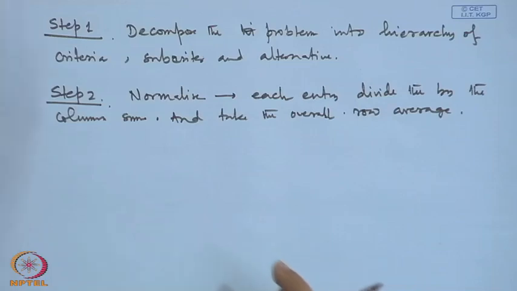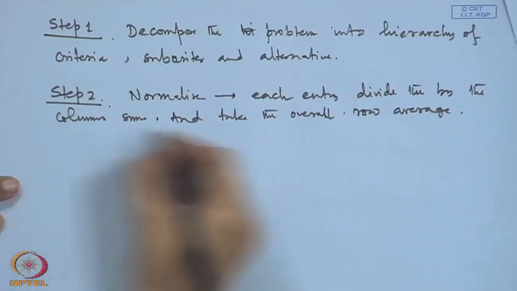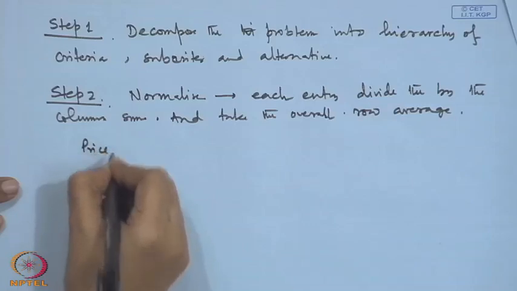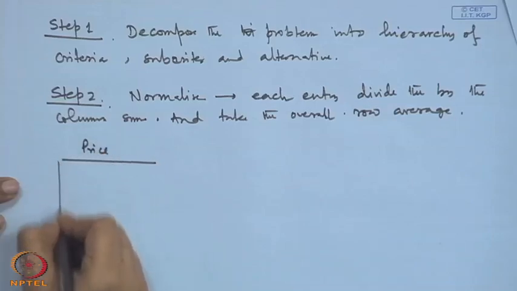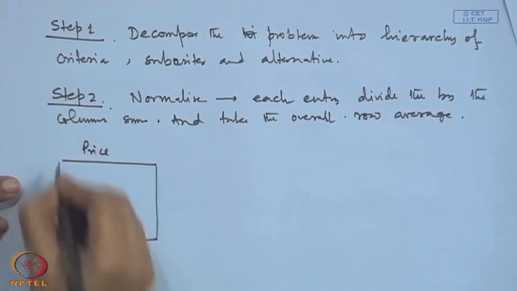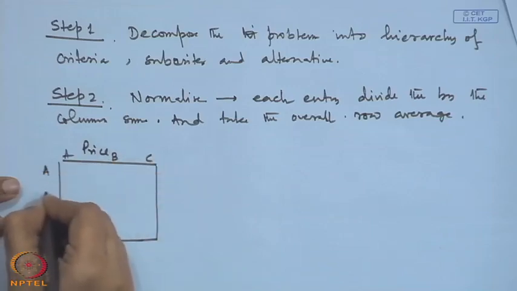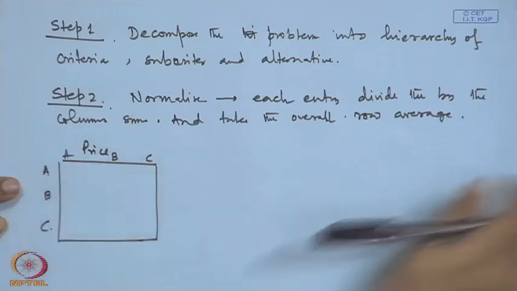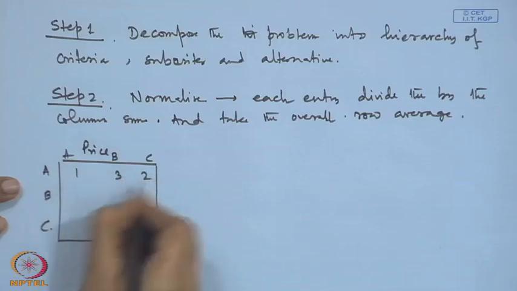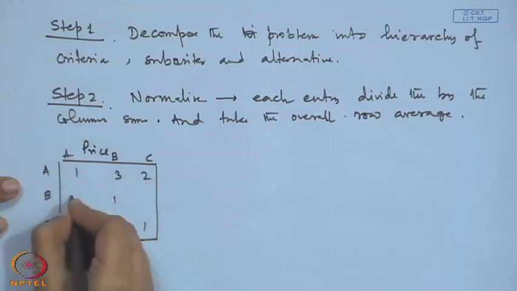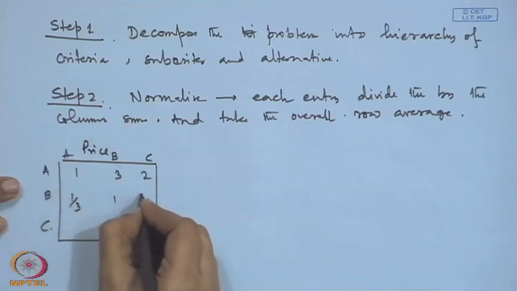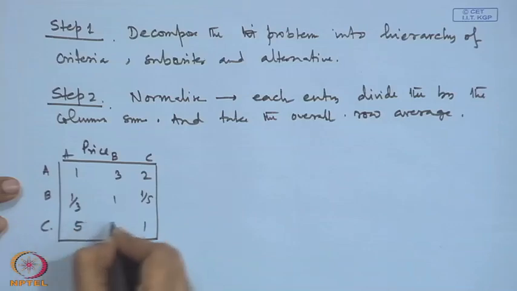For the normalization of the method, what we do for the price, say we are having the information regarding A, B, C, how it is being done. I am just explaining to you. The information is given 1, 3, 2, 1, 1 by 3, 1 by 5, 5, sorry, this is 1 by 2 and this is 5.